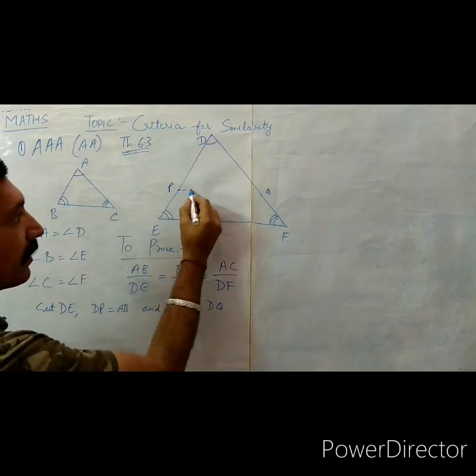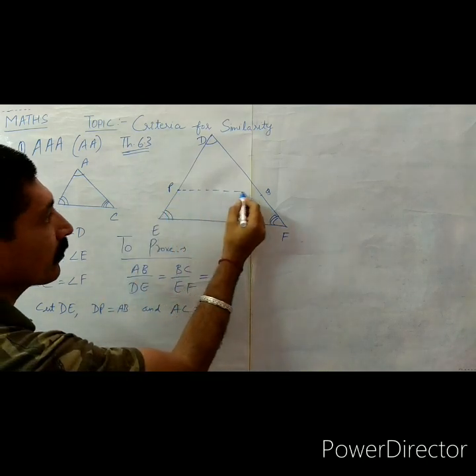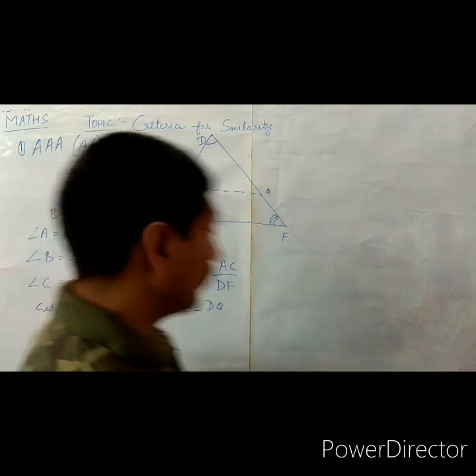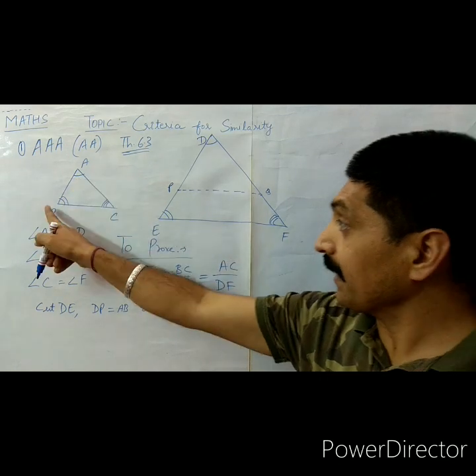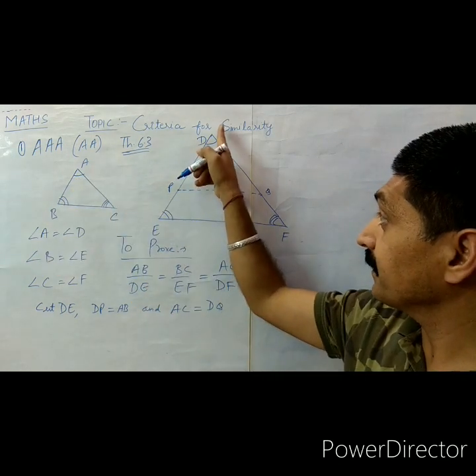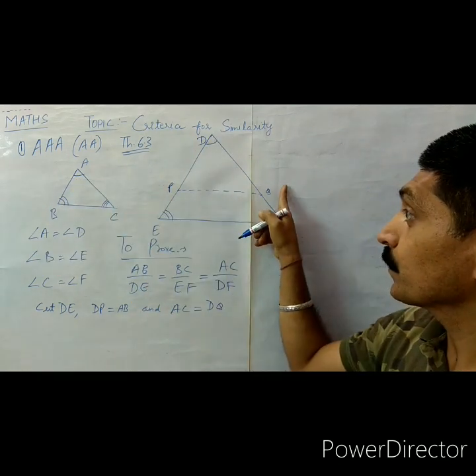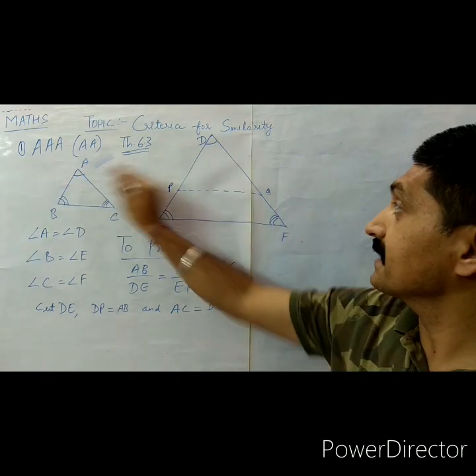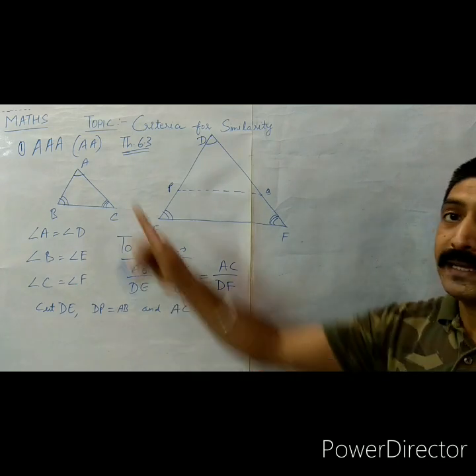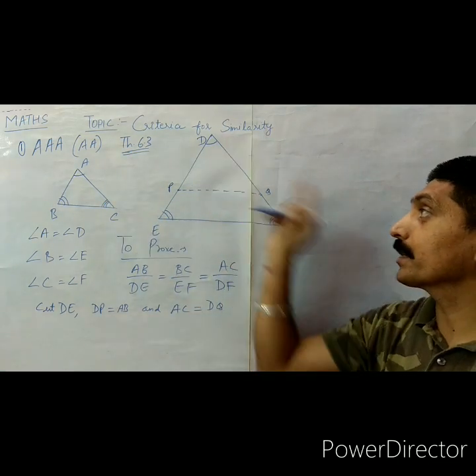Join P with Q. Now in triangle ABC and triangle DPQ, AB is equal to DP, angle A is equal to angle D, and AC is equal to DQ.